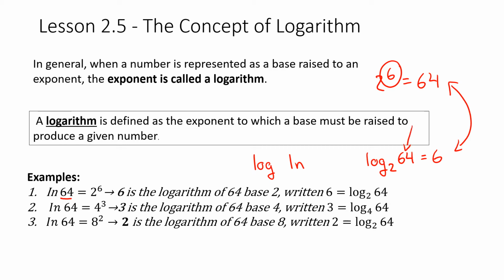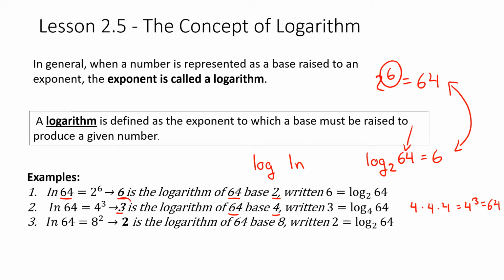So as one example, 6 is the logarithm of 64 if the base is 2. 3 is the logarithm of 64 if the base is 4, and that's because 4 times 4 times 4, or 4 to the exponent 3, is 64.